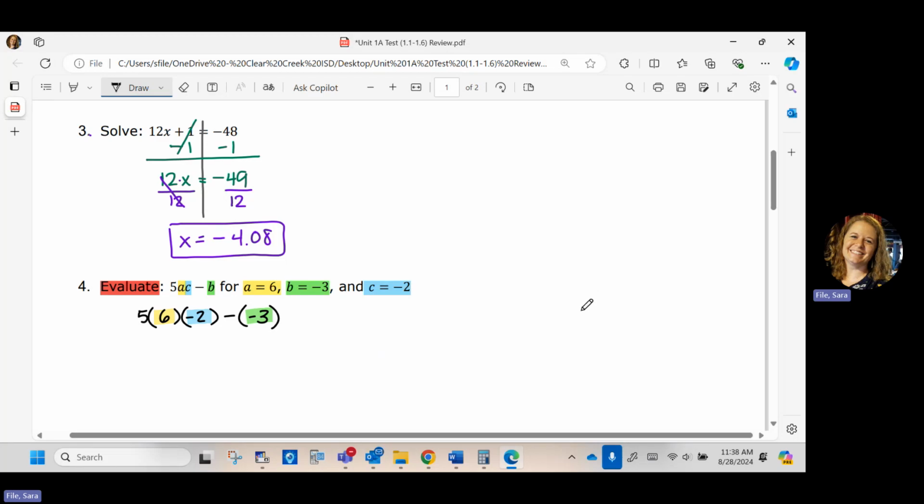Now it's order of operations. So now it goes back to day 1, order of operations. So we do multiplication before division, or I'm sorry, multiplication before subtraction. Okay, so this is all getting multiplied. So 5 times 6 is 30, and 30 times -2 is -60.